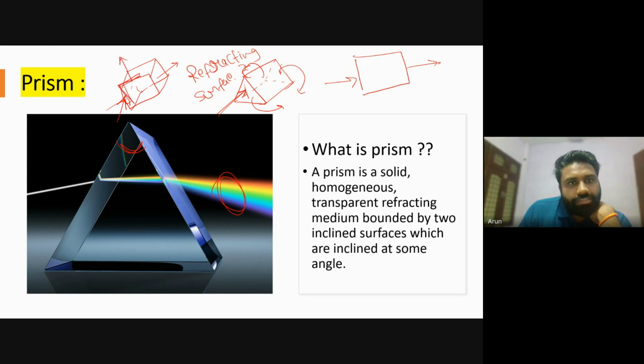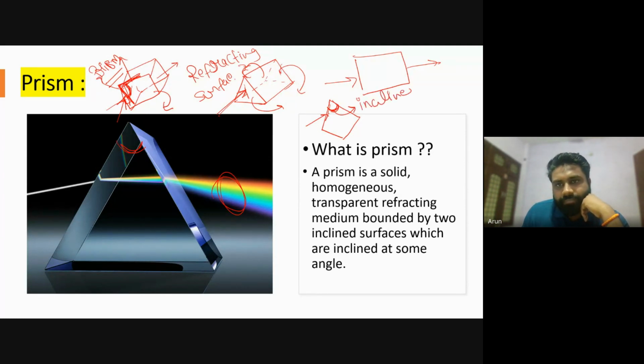So these two surfaces are inclined at some angle, so this will also behave as a prism. It is simple. If I just make a tilted diagram of it and send the ray in this direction, these surfaces are transparent and also inclined at some angle, so this will behave as a prism.